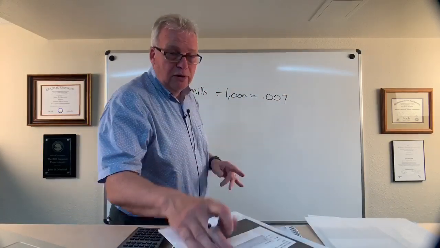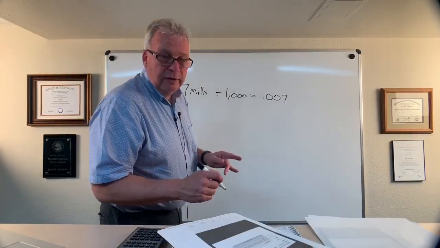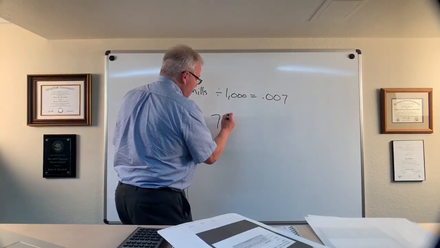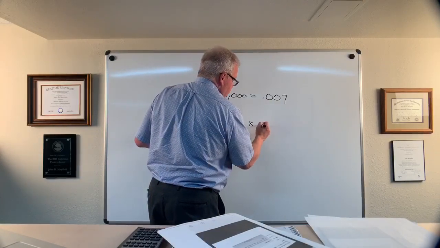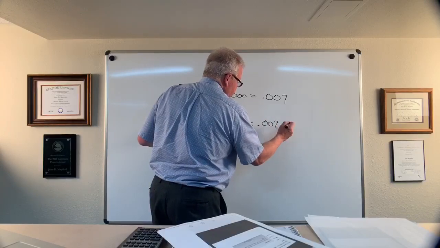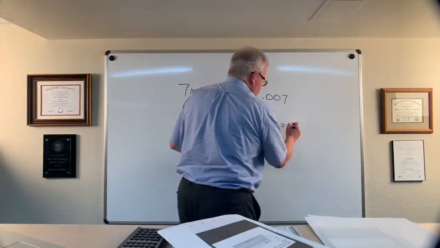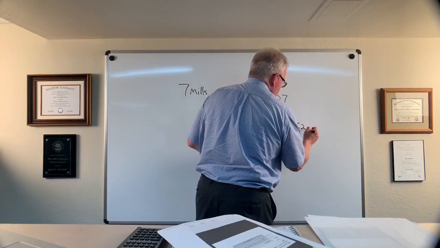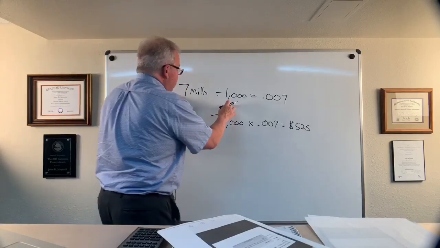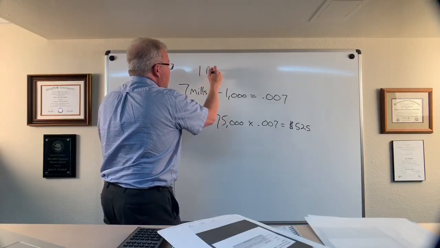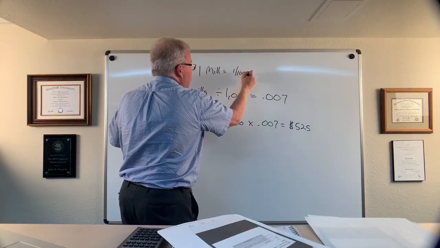Now we just multiply the value of the home, 75,000 times the mil rate, 0.007. And that gives us $525. So that's the taxes. Now, why did we divide 7 mils by 1,000? Because 1 mil is equal to 1/1,000, okay?